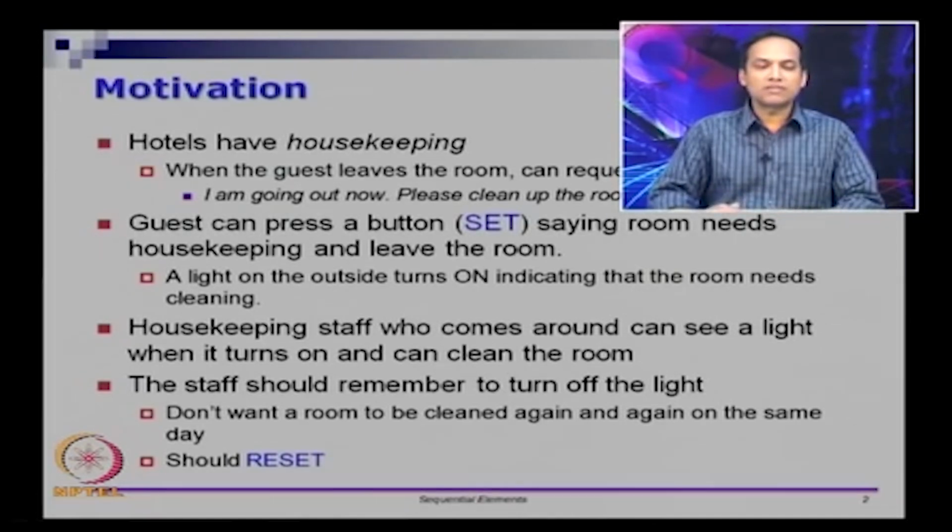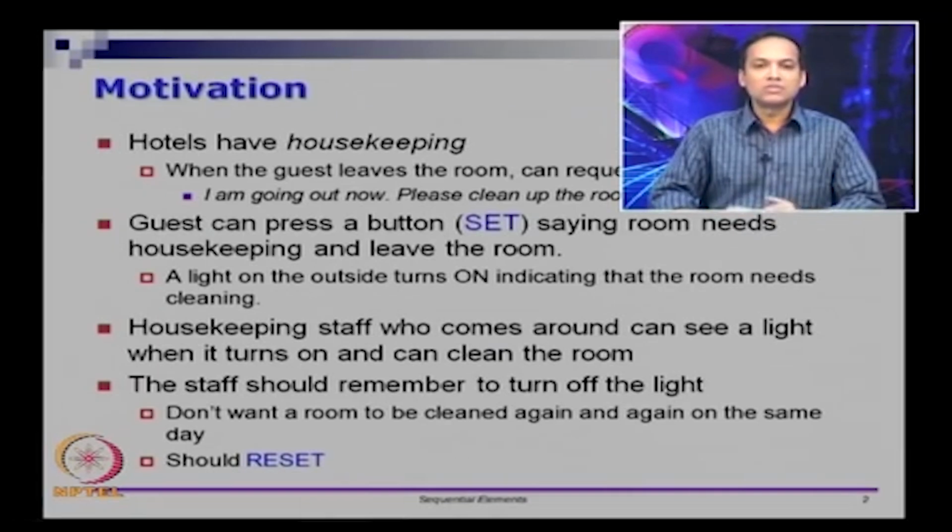Some housekeeping staff can go clean up the room and then press another button which resets the light. The staff member should turn off the light later, otherwise some other housekeeping staff, when they come around, may still see the light turned on and may try to clean the room once more.